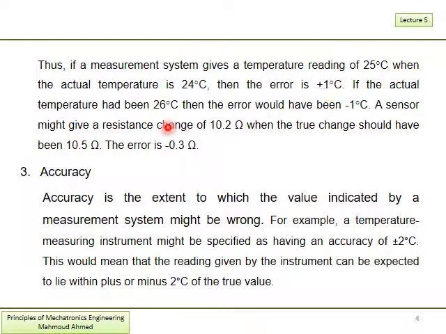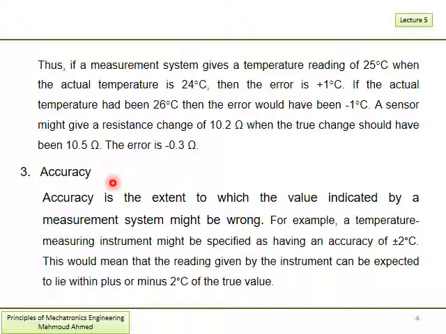If the actual temperature is 26, so in this case 25 minus 26 and the error will be minus 1. Another example, when the sensor gives a resistance change of 10.2 ohm and the true change is 10.5, so the error in this case is minus 0.3 ohm.